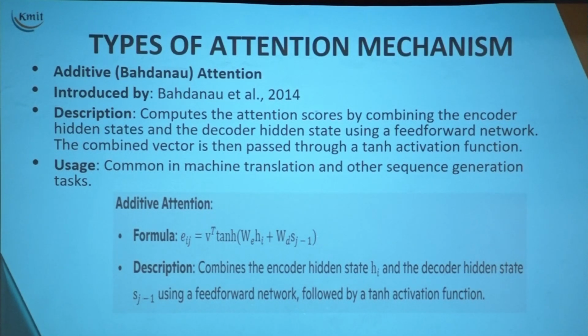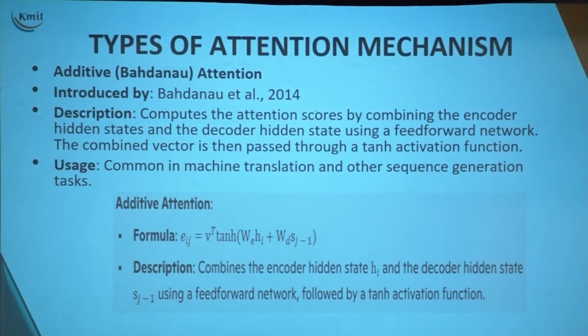In the formula you can see, it computes the attention score by combining the encoder hidden state h_i and the decoder hidden state using a feed forward network, and the combined vector is then passed through a tanh activation function.